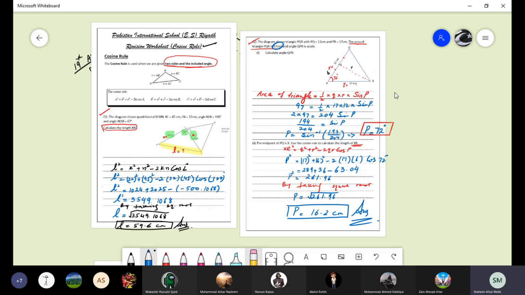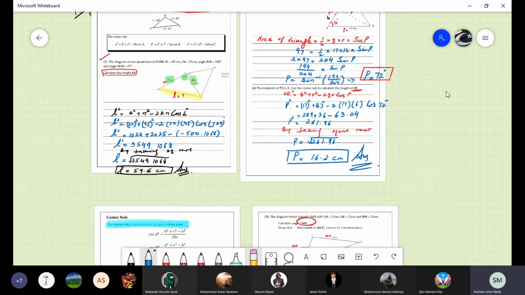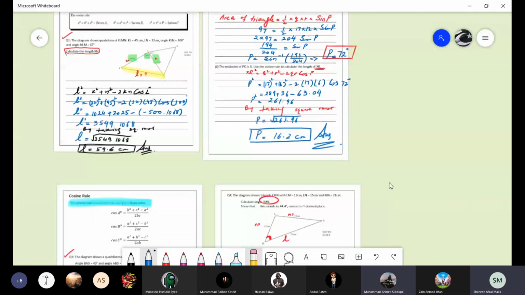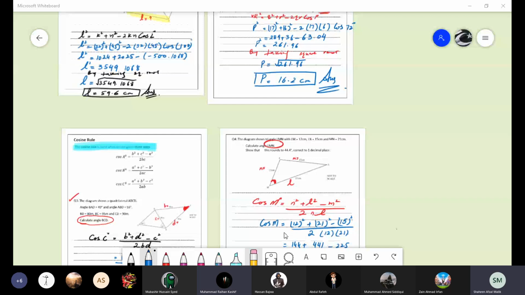Any question regarding this worksheet? No, ma'am. Should I print this worksheet and do it there? You can if you want to. It's better that everyone should solve the worksheet. Nobody solved it in the class? I did, ma'am. I was asking whether I should do it in a notebook or on the worksheet.